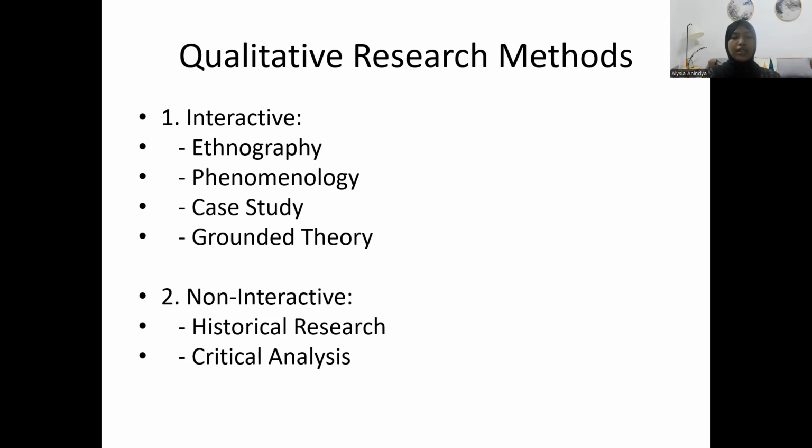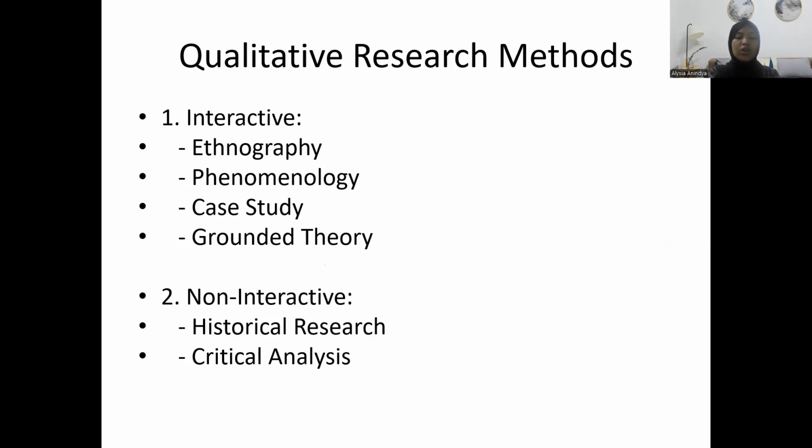Next are qualitative research methods. Qualitative research also has different methods. First is the interactive research method. There are ethnography, phenomenology, case study, and grounded theory. Ethnography is for observing the group's behavior in the natural setting.